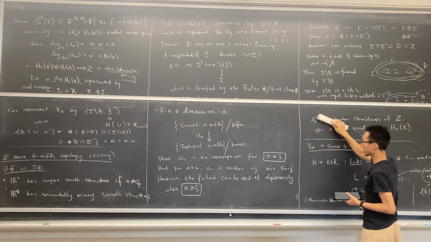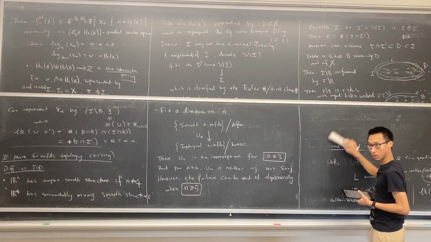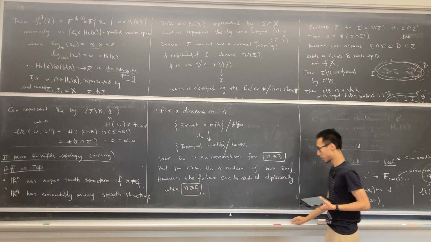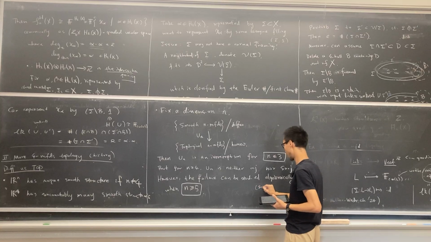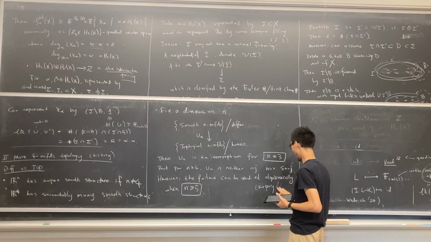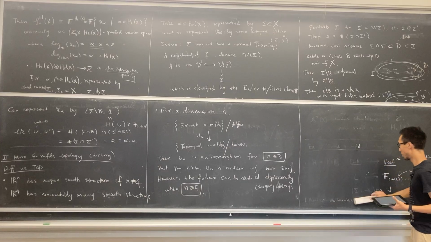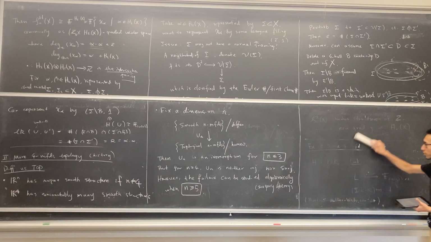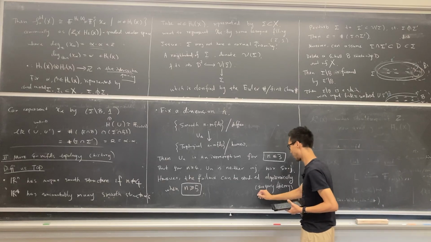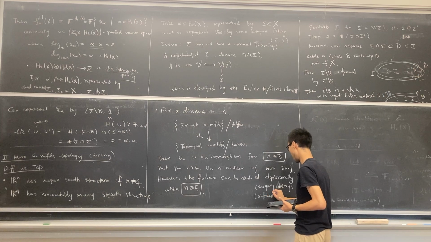So that's essentially the reason why dimension 4 is special. It's by some surgery theory techniques. I'll just put surgery theory, which I don't understand very well myself, so I'll not say much. But maybe one keyword is the h-cobordism theorem, or more generally the s-cobordism theorem, if you are interested.